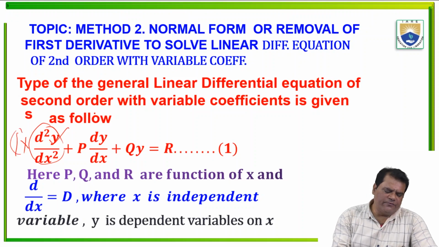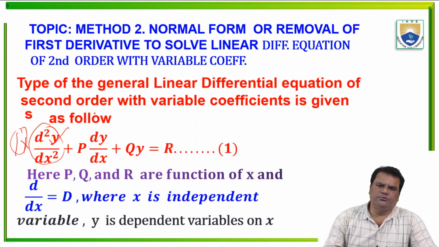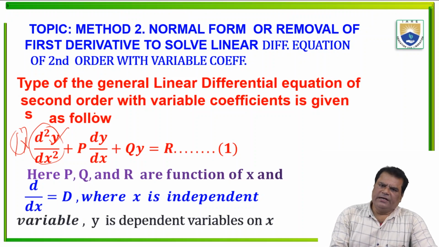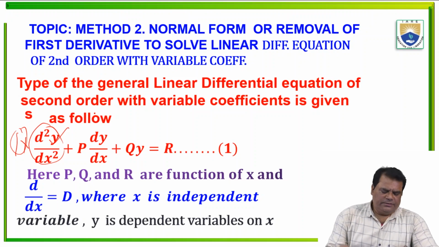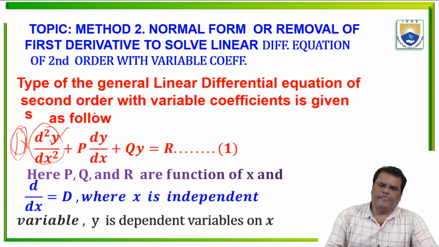If there is any other function or number before the second order derivative, then we divide the whole differential equation by that function or number. Our general differential equation has no function before the first term, the second order derivative.